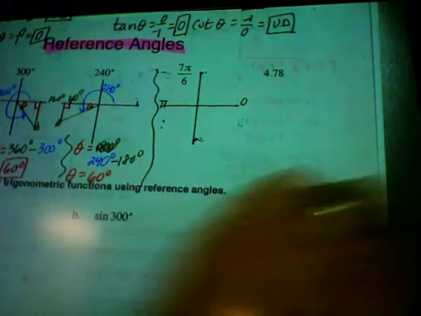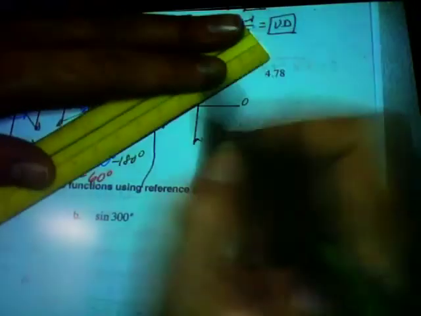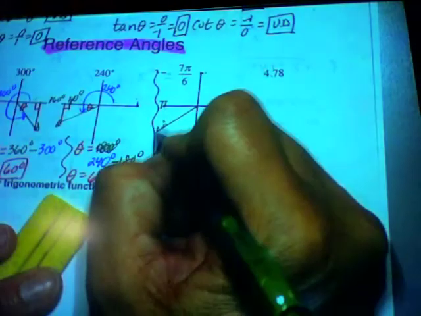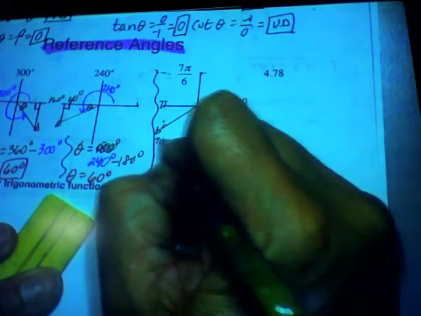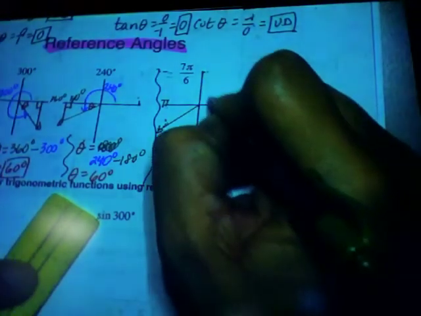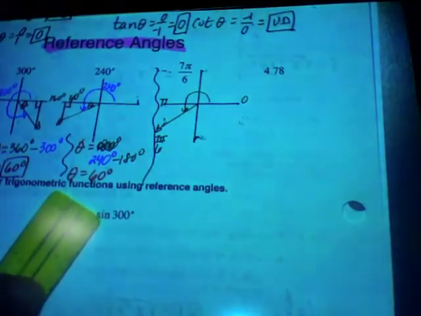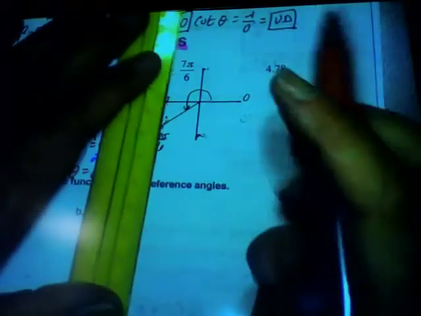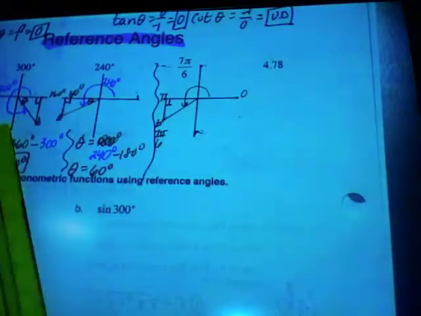The most important thing is that you realize what quadrant you end up in. This is 7 pi over 6, from here to here. But this is my reference angle, which goes up or down, not right or left, to the x-axis.